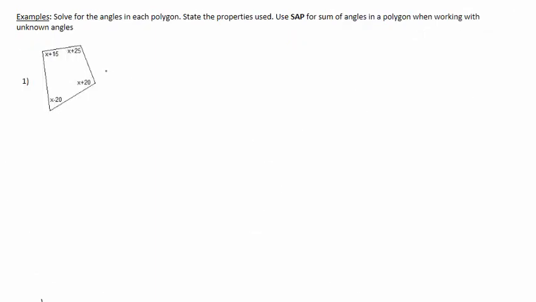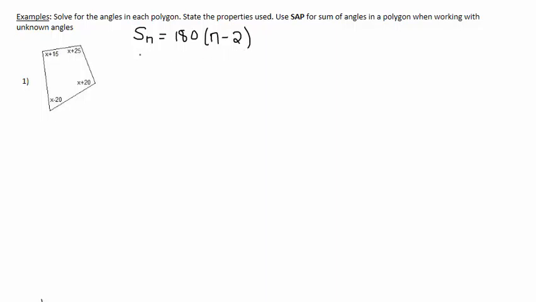The next example, we are asked to solve for the angles in each polygon and state the properties that we used. We're also asked to use SAP for sum of angles in a polygon when working with unknown angles. So the first thing that I notice is that we have the values of each of the interior angles. So again, I think we should use the sum of interior angles formula, which is 180 times the number of sides minus 2.